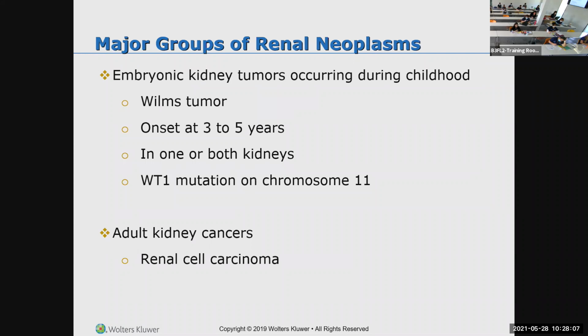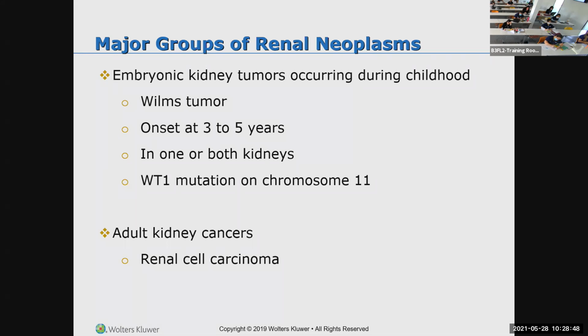Major group of renal neoplasm. Renal tumor may be benign or malignant. Sometimes these tumors might cause obstruction of the urine flow, as we said earlier. In children, embryonic kidney tumors occur during childhood. It's called Wilms tumor. It's cancerous, a malignant tumor.